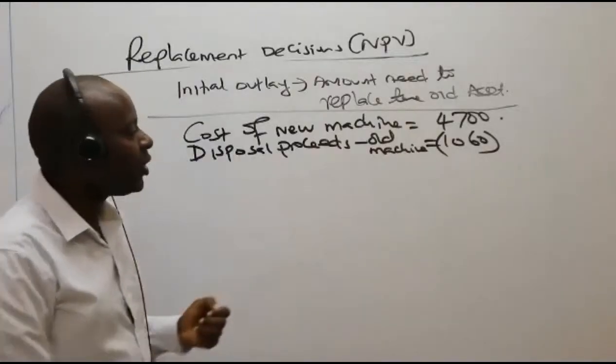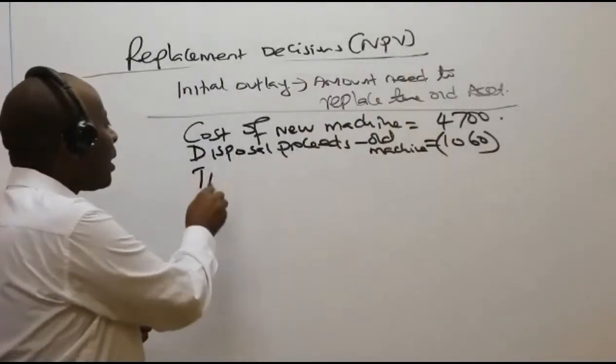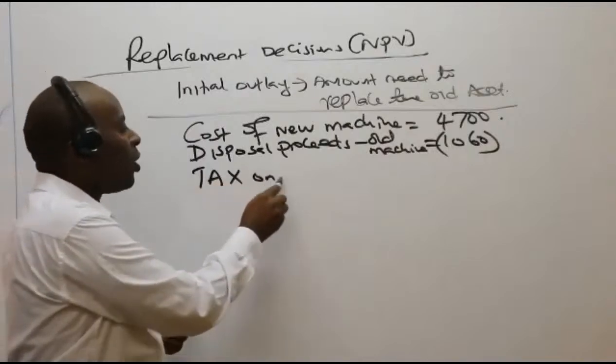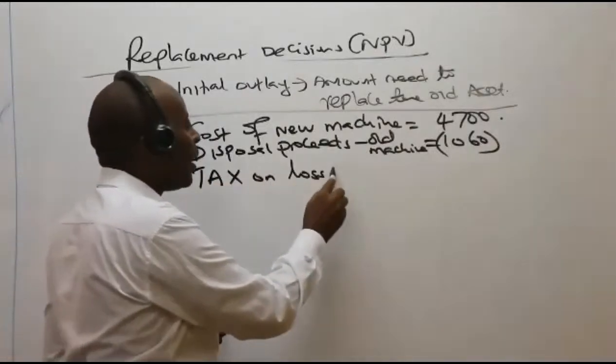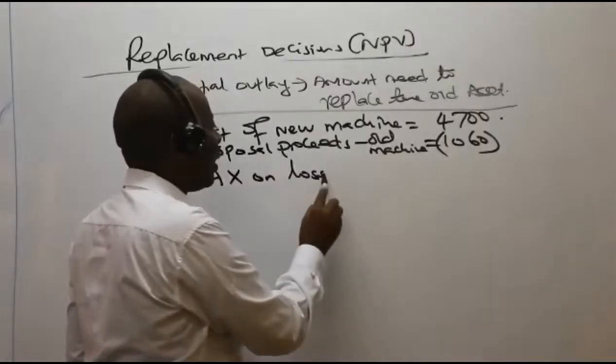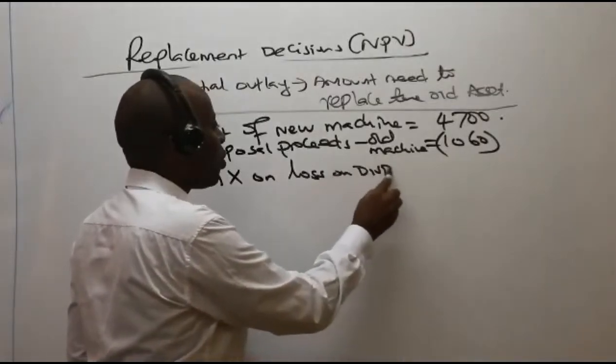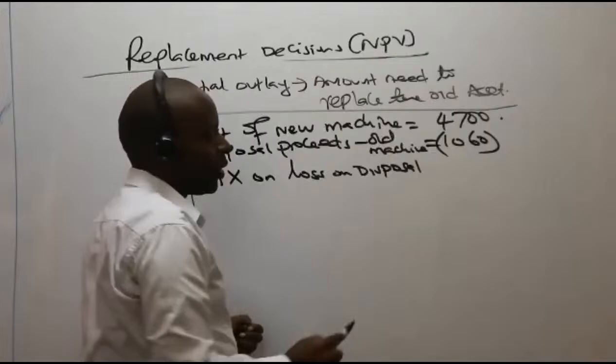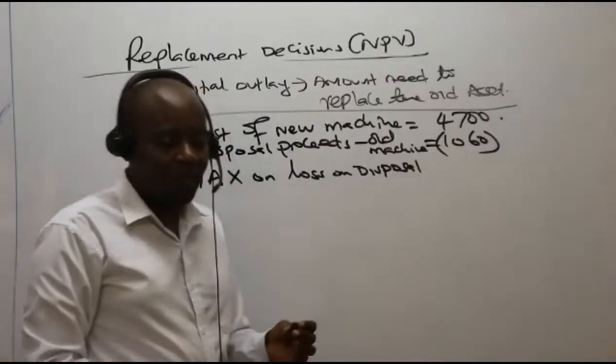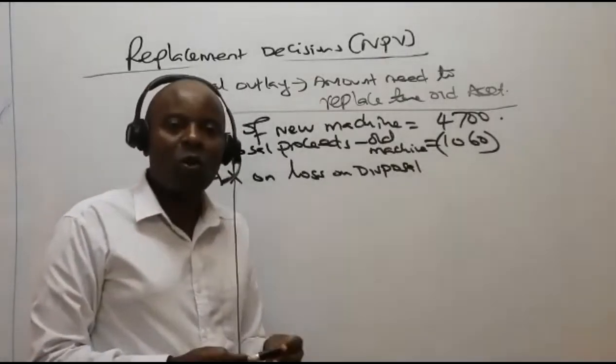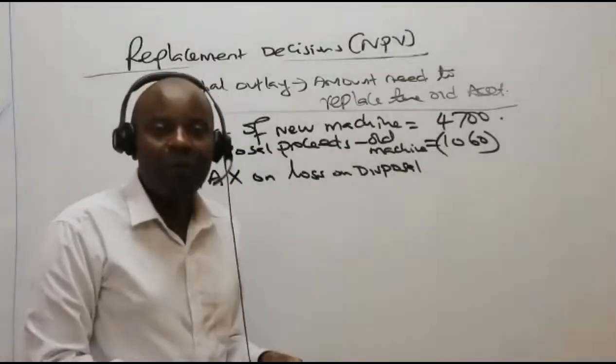The other thing, ladies and gentlemen, the taxman. So we have here tax on loss, the loss on disposal. Remember, we made a loss on disposal.